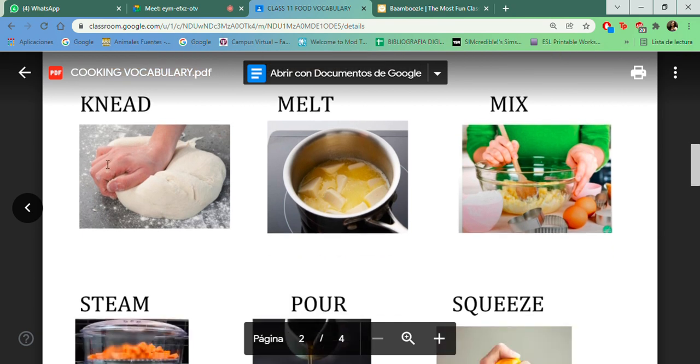Next, this is knead. As the verb need, to knead. Good, it's the same pronunciation, different spelling. In this case, what is this person kneading? Do you know the noun here?